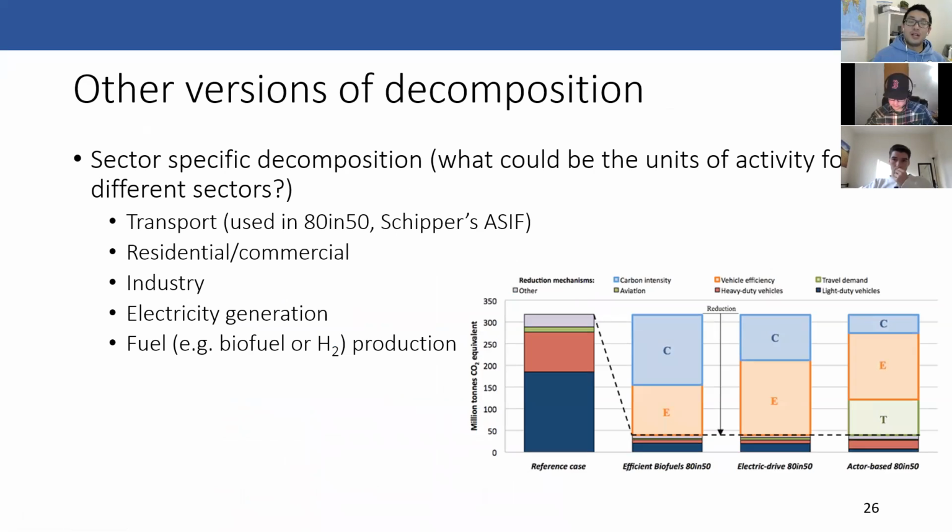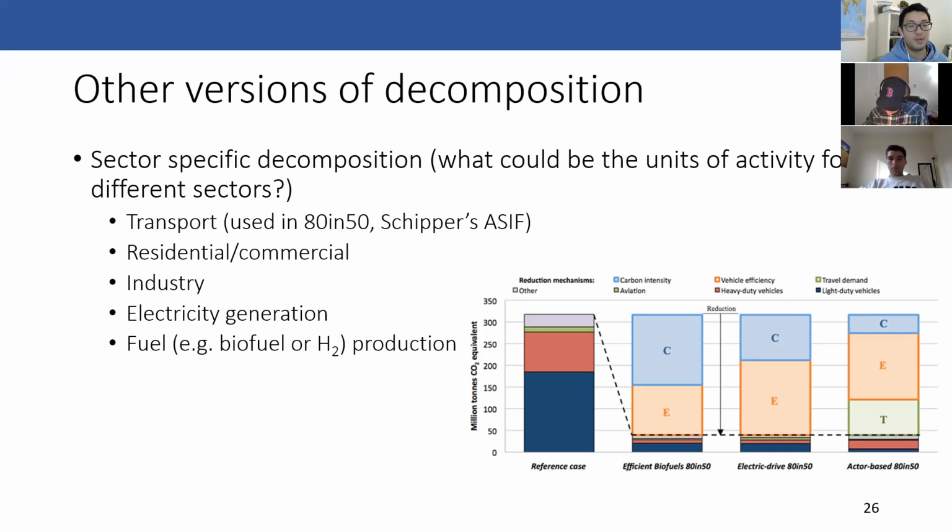Okay, and so I'll quickly cover a couple other versions of decomposition methods that fall in line with this IPAT and Kaya identity. There are a bunch of sector-specific decompositions, and we're going to focus on some of the transportation ones, which I'm most familiar with.